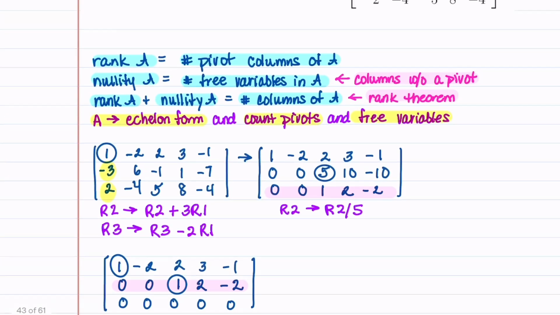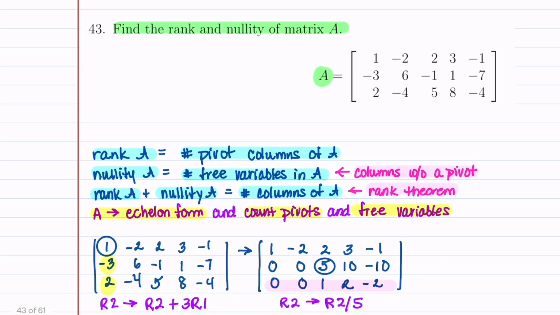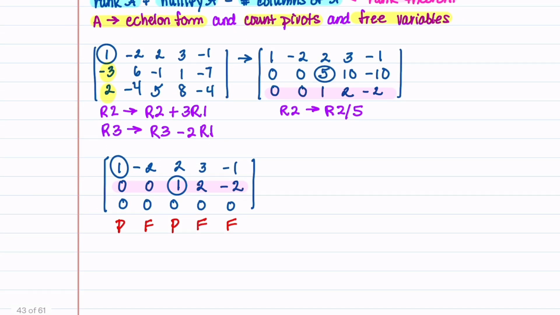Okay, so let's go back to our original problem. They wanted us to find the rank and the nullity of matrix A. So the rank of A is our number of pivot columns, and that's going to equal 2. So our rank is equal to 2.